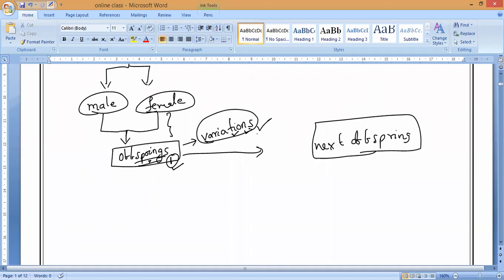Now, these variations are not going to come in the next offsprings. If these variations need to come in next offsprings, then the offsprings produced the first time should involve in sexual reproduction for the production of several next generations.